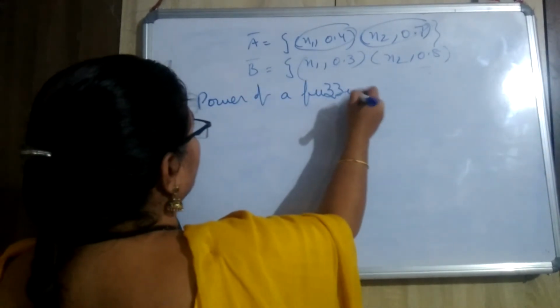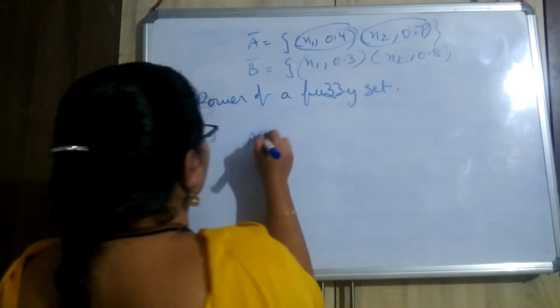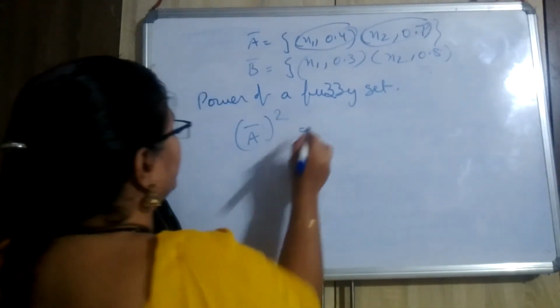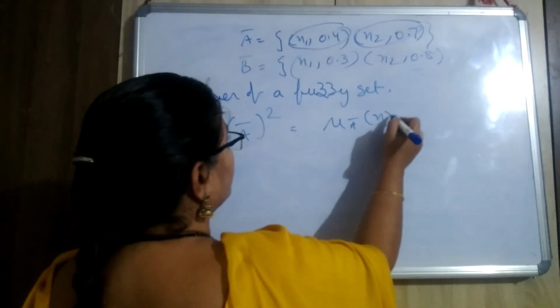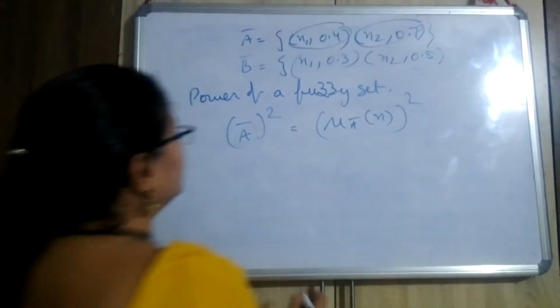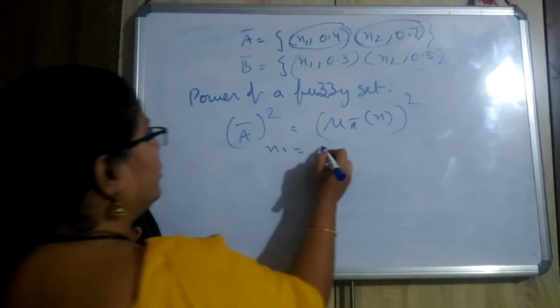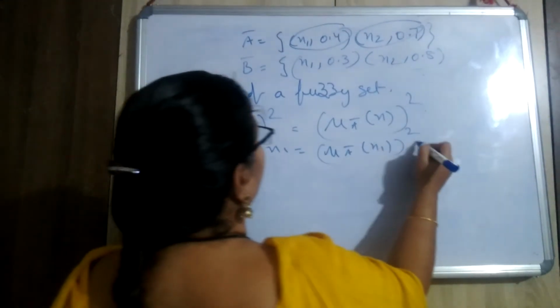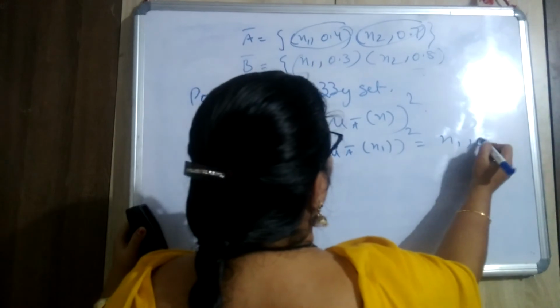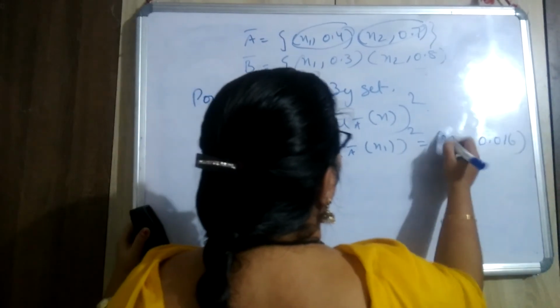Power of a fuzzy set, that is A bar whole square. That is mu A bar of x whole square. So at x1, mu A bar of x1 whole square is equal to x1 comma 0.016.